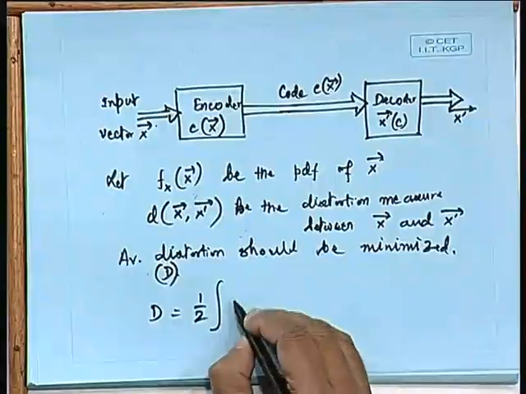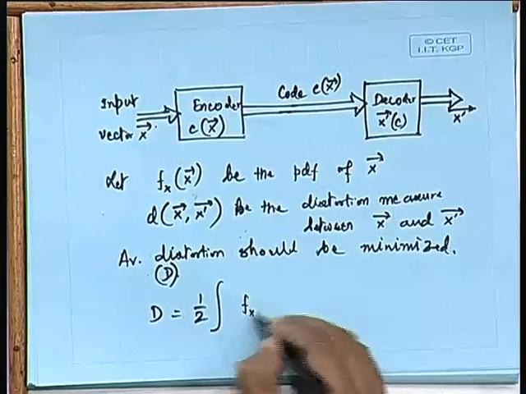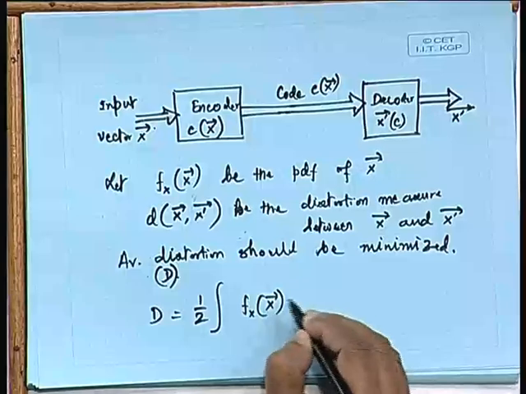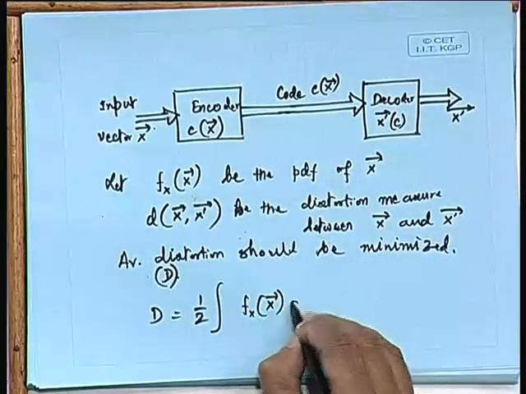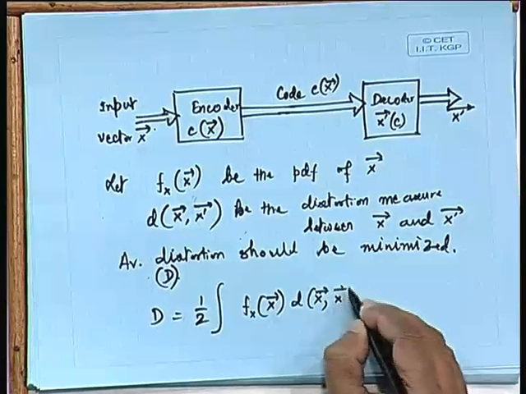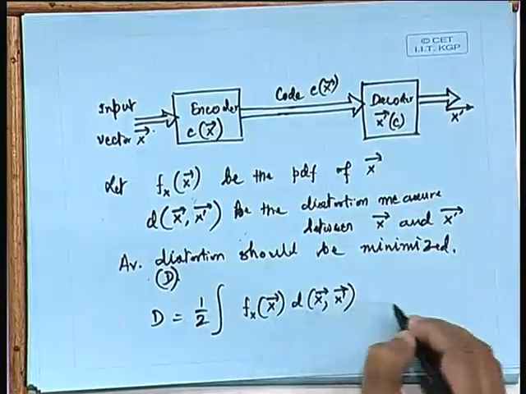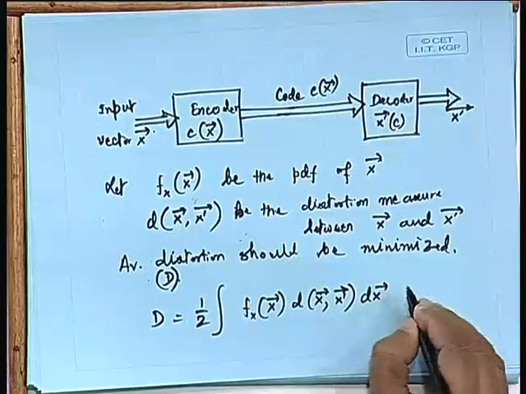Within the integral sign, what we have to do is take f_X(x), the probability density function of the x vector, and multiply by d(x, x'), the distance between the x vector and x prime vector.